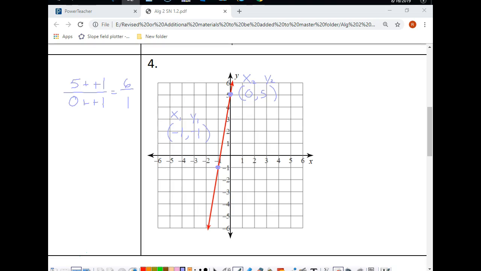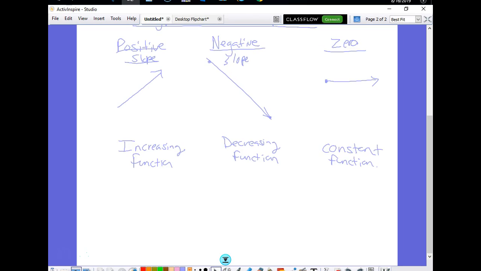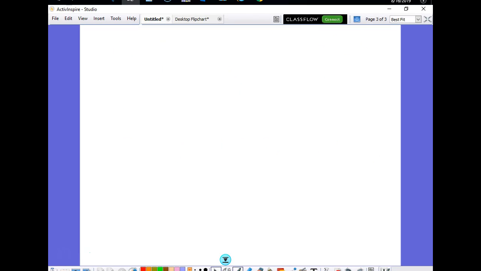All right, I want to show you guys a table example before you go. So on your note paper there, let's make a table real quick. This is a table. Same instructions. Find the slope.